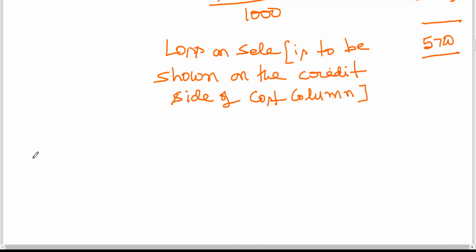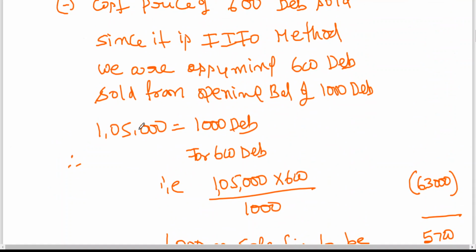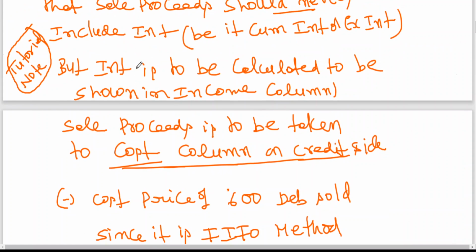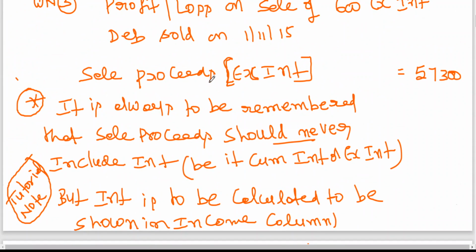Then next, you also should calculate accrued interest. I told you, if this is cum interest, you can deduct interest from sale proceeds, and that will become net sale proceeds. Here, since interest is not included, you have to calculate interest separately.